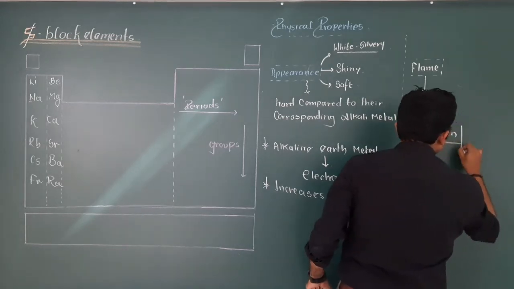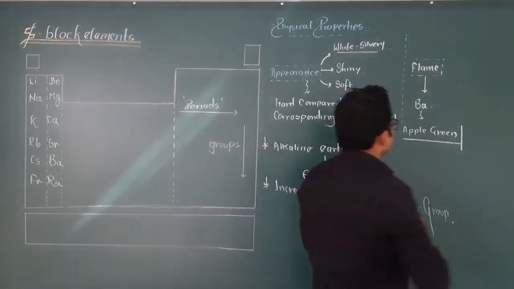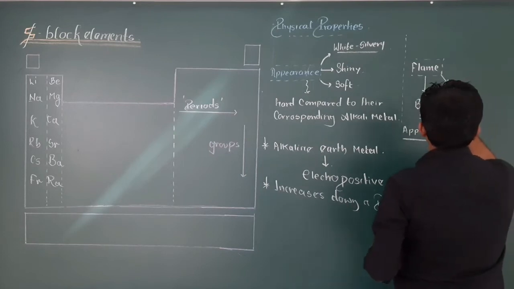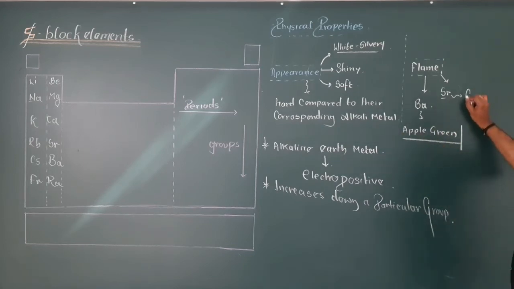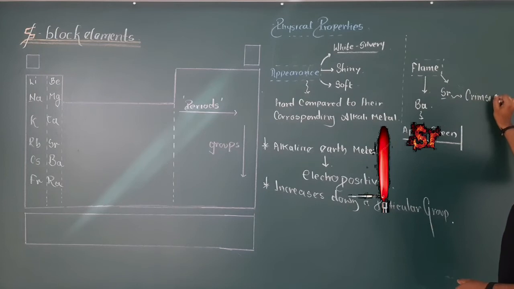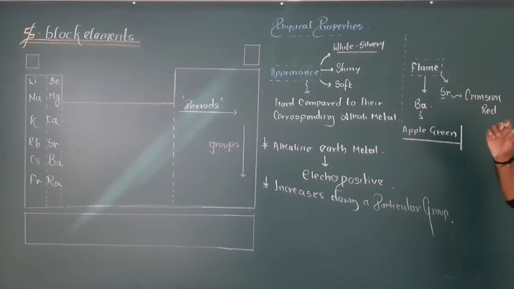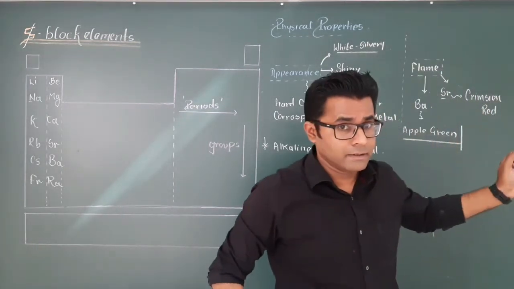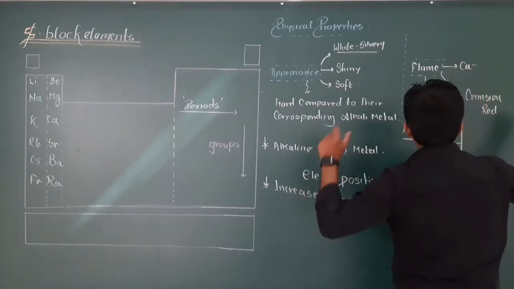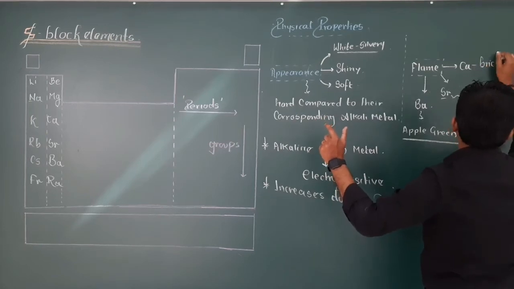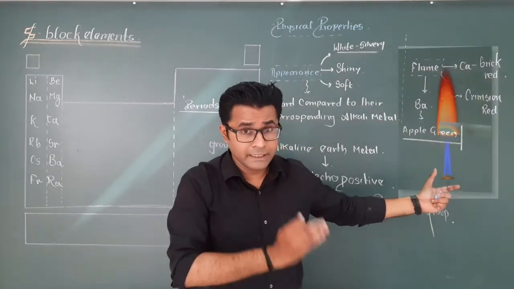Strontium gives us crimson red color. Calcium exhibits brick red color.